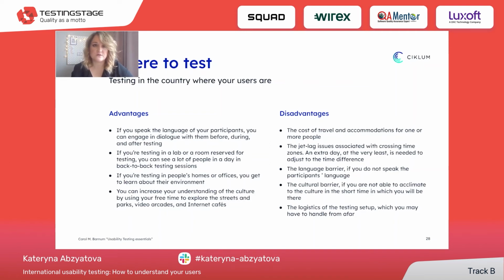One option is to visit the country where your users are living, so testing in the country where your users are. It has advantages and disadvantages. Of course, the main advantage is that you will be able to know more about the culture. Especially if you have the same language, you will be able to talk with the customers and will have much more information.